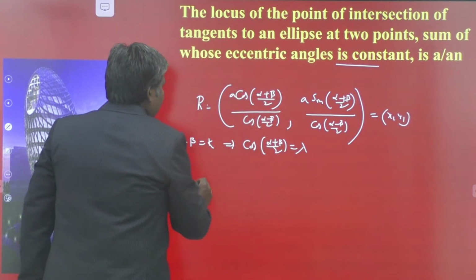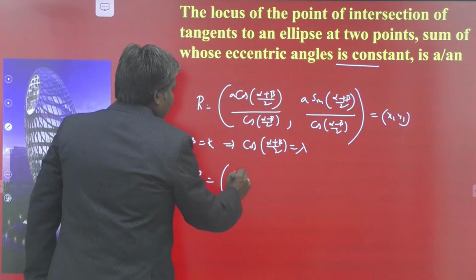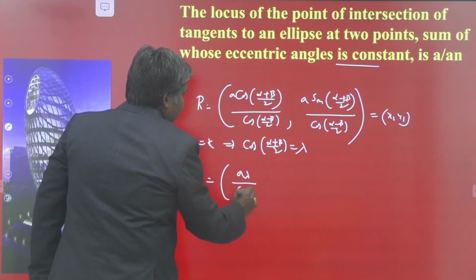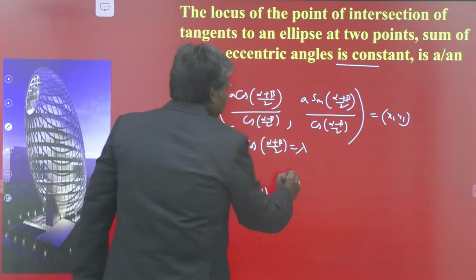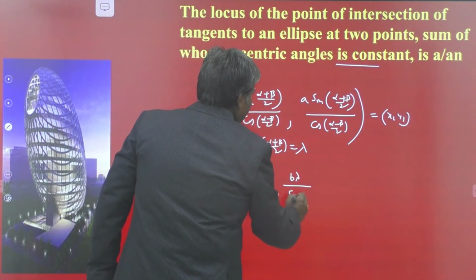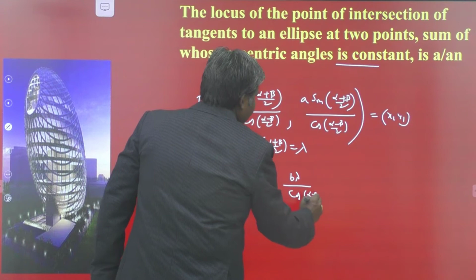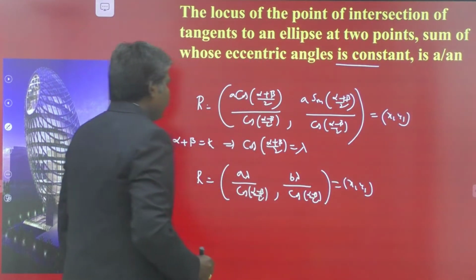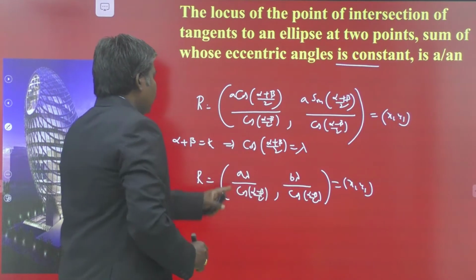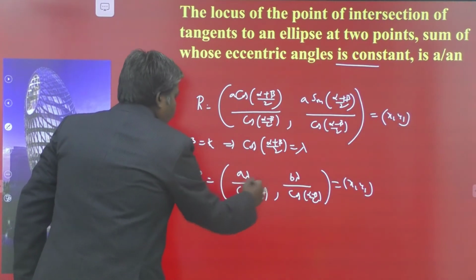Now R is equal to a lambda by cos alpha minus beta by 2, comma, b lambda by cos alpha minus beta by 2, which equals x1 comma y1.